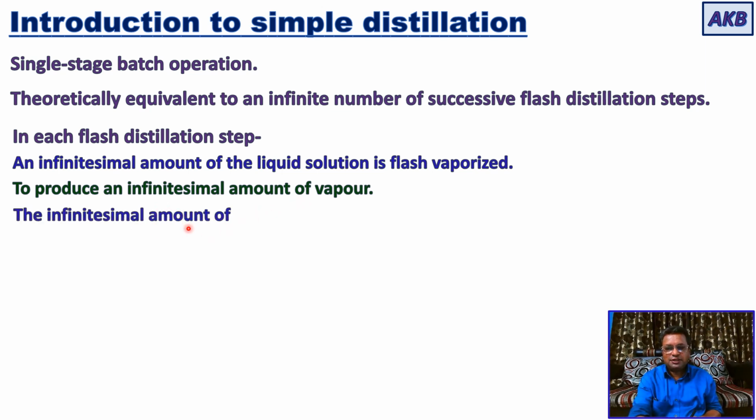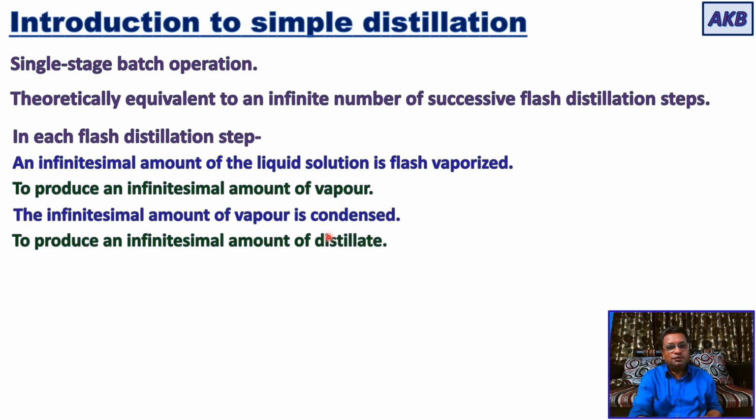Then the infinitesimal amount of vapor is condensed to produce an infinitesimal amount of distillate. So you have an infinitesimal amount of liquid solution, you are flash vaporizing it, which produces an infinitesimal amount of vapor, and when condensed, that vapor produces an infinitesimal amount of distillate.